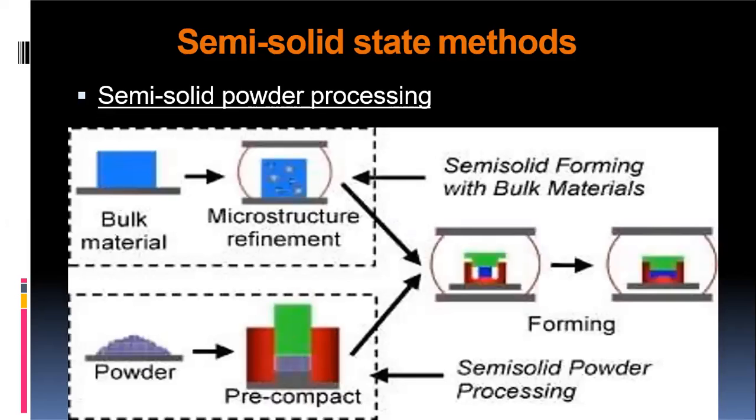Third one is the semi-solid powder processing methods. In this method, the bulk material is refined into a microstructure, so that is called microstructure refinement, and this is compacted into a powder-like structure, that is called pre-compacting.